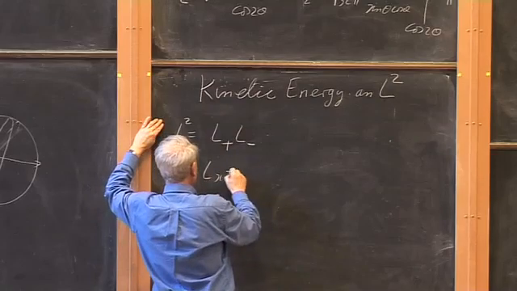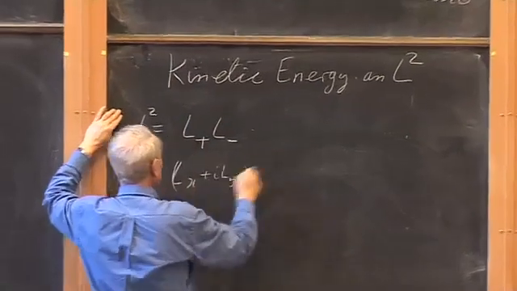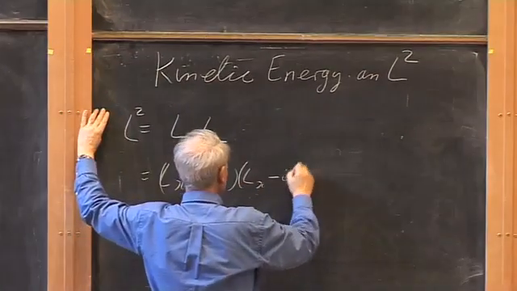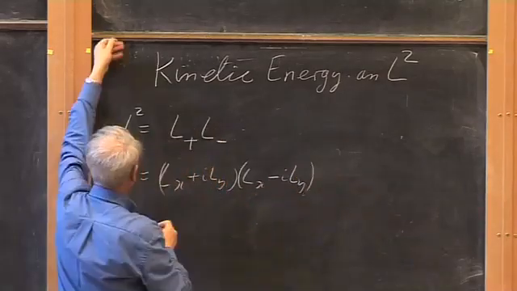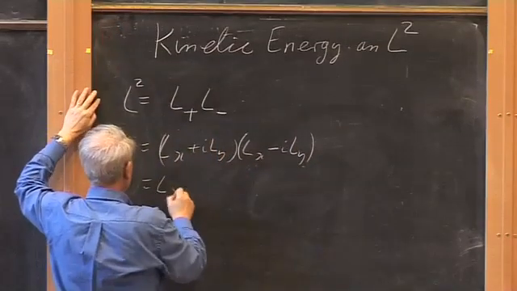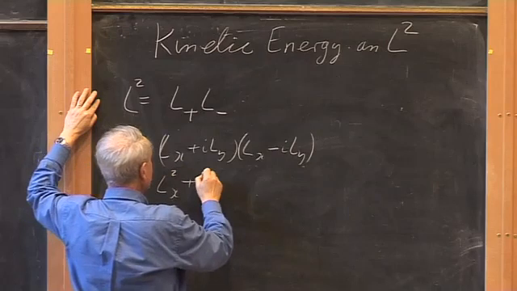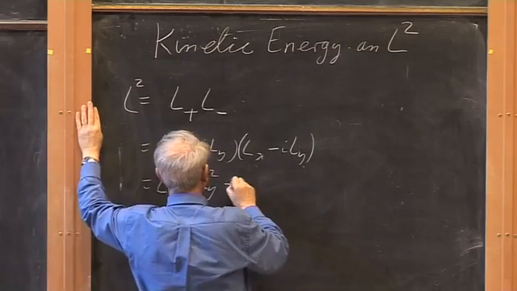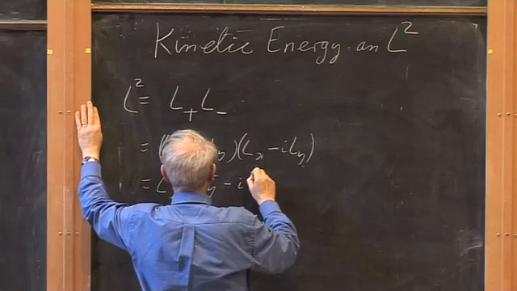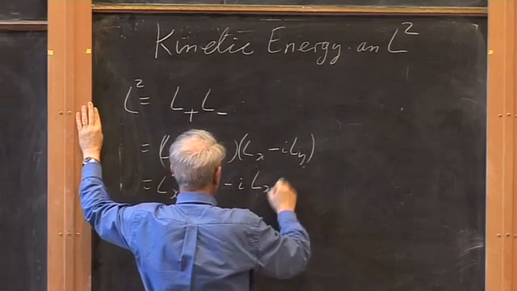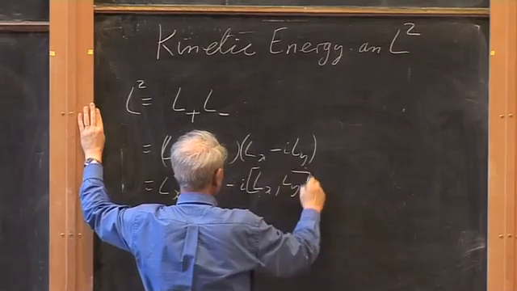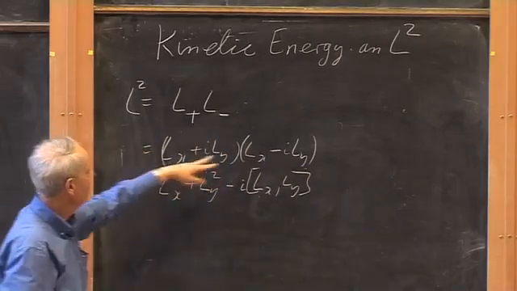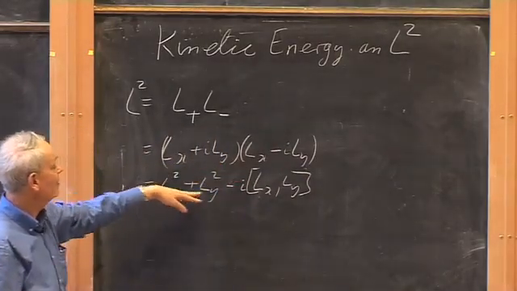This is Lx plus i Ly, Lx minus i Ly. What's that going to come to? That's going to come to Lx squared plus Ly squared plus, well, minus i, the Lx comma Ly commutator. That's what this thing multiplies up to.